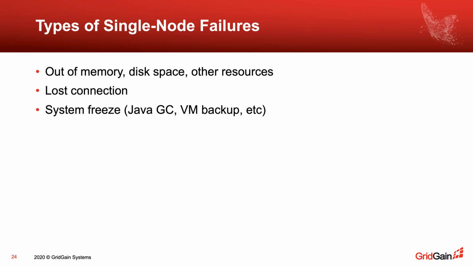The node may not even fail entirely, but if a node is in a GC pause for tens of seconds, maybe even for minutes, then we don't want it in our cluster either, because it will slow the entire cluster down. So we need to detect that, and we need to remove the node.